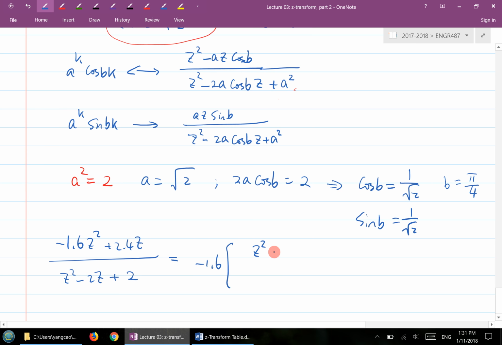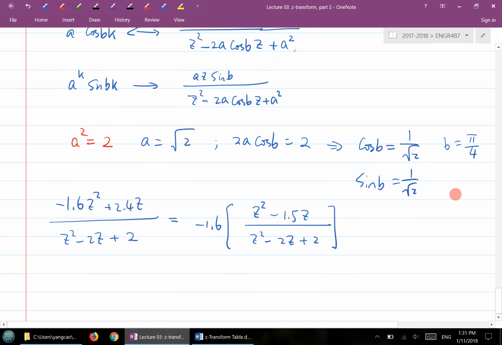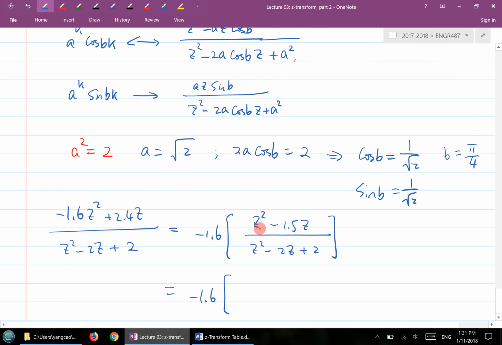Then this one here will be different: it will be 2.4 divided by 1.6, and if you use a calculator, that gives you 1.5 here, after you take the negative 1.6 in front of the whole expression, so negative 1.6 multiplies everything inside.